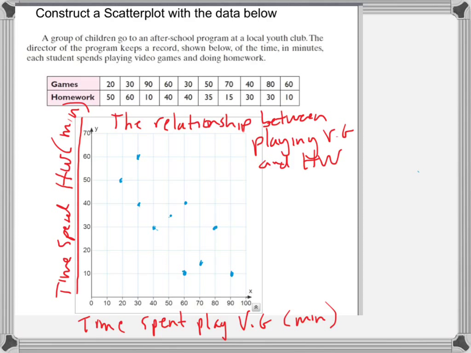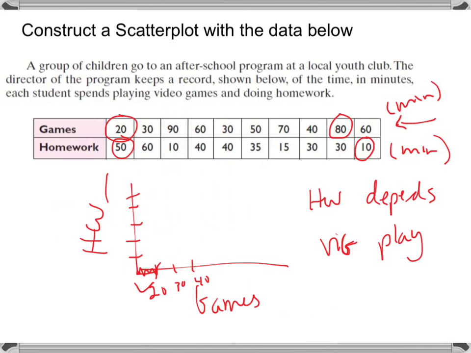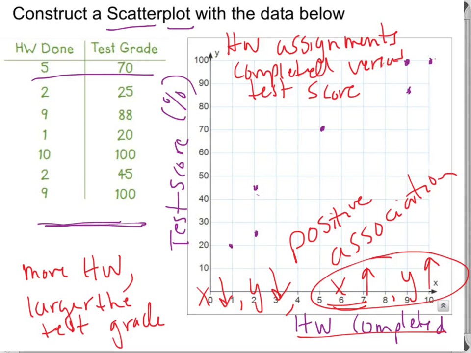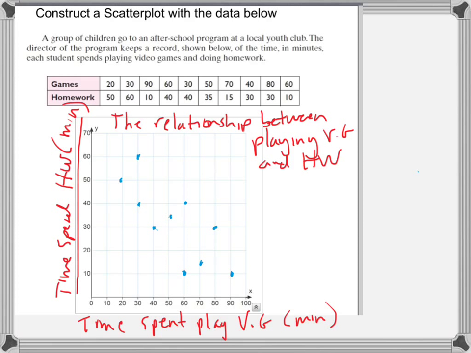Okay, so I plotted all the points right here, and it looks like the pattern in this scatter plot has a different sort of relationship than the last scatter plot. So let's look at the last scatter plot real quick. The points had a trajectory that looked like that. Now these points look like they're going to have a line that goes downward.